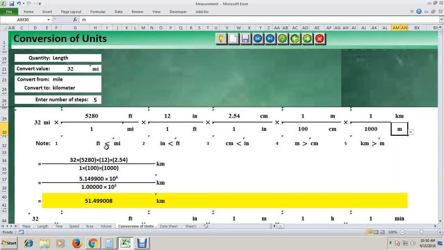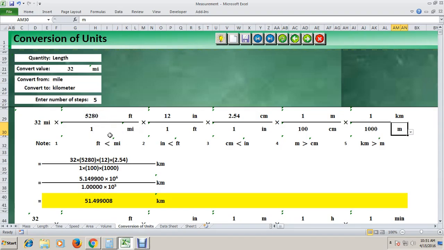Let us check first the notes here on the degree of measure between the corresponding sets of units. For example, between feet and miles, feet is the smaller measure as compared to miles. So feet is lesser than miles. Therefore, we expect a greater number of feet as compared to miles.